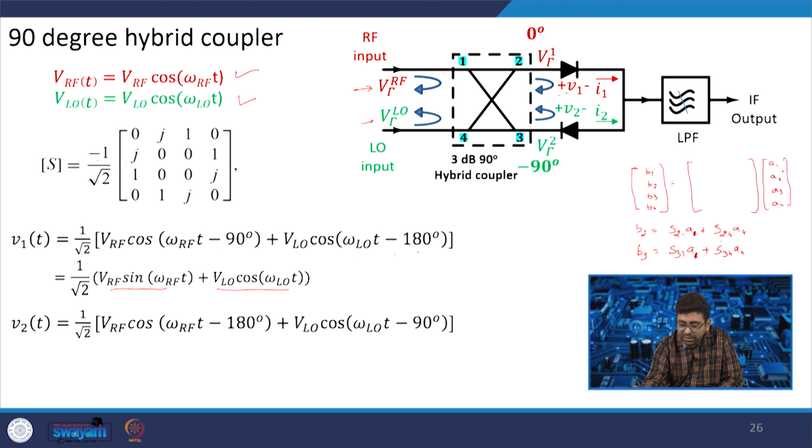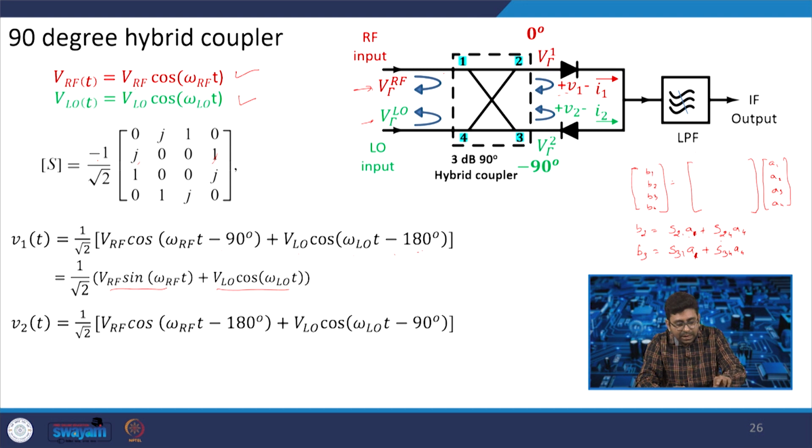So it is the same as the previous one, which also had A1. We have multiplied with VRF cos omega RF t, and we got this term. And for port 4 we got cos omega LO t minus 180. So A1 is multiplied with this, and A4 is multiplied with this.